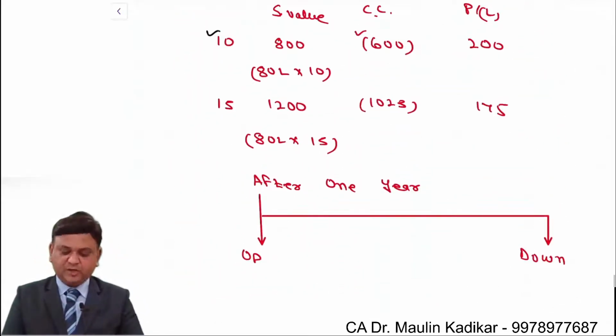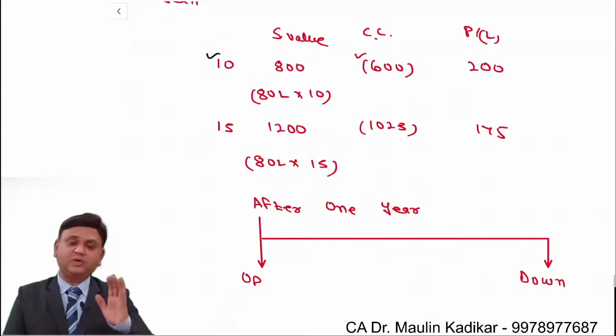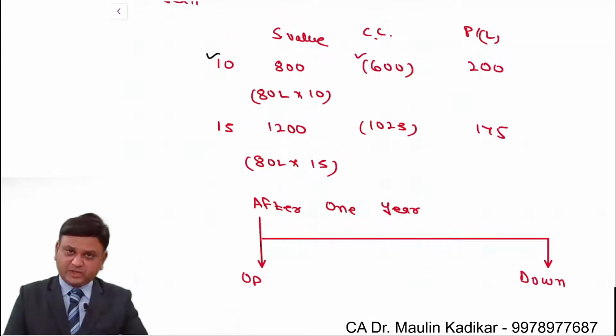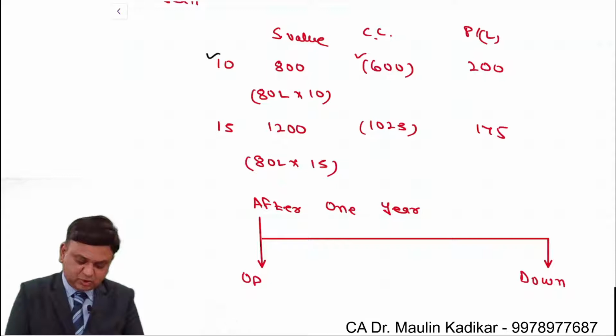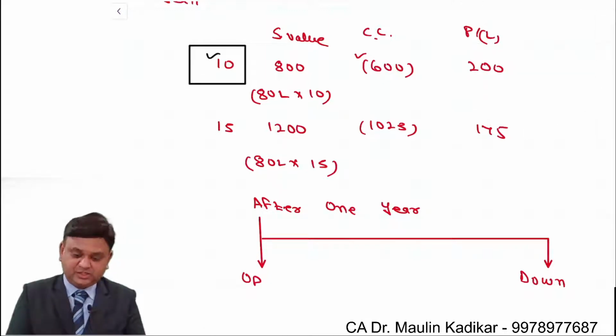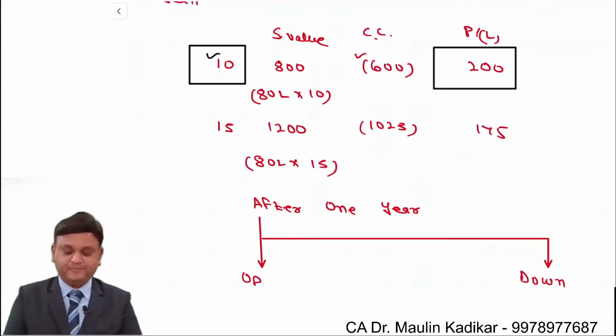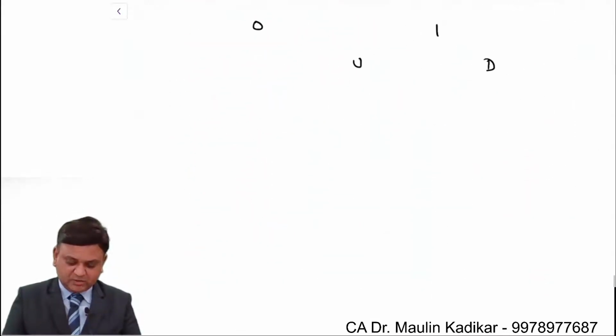So today what you should do, if at all you are going to construct the apartment units today, then in that case you should construct 10 units, and on construction of 10 units you will get an amount of profit of 200 lakhs.